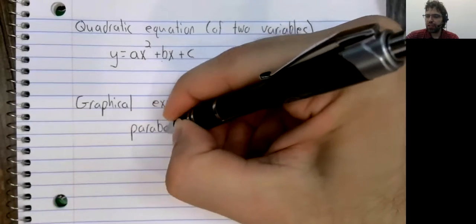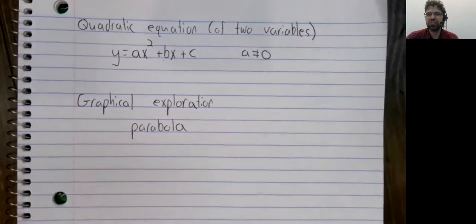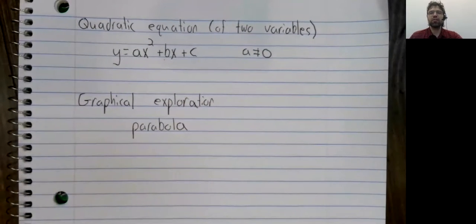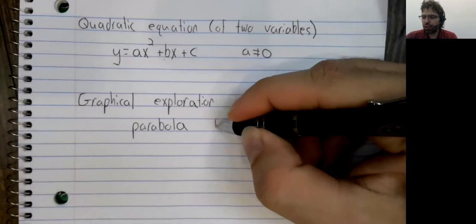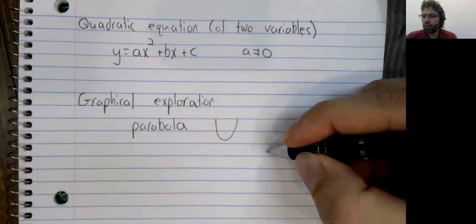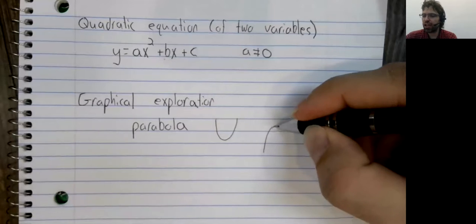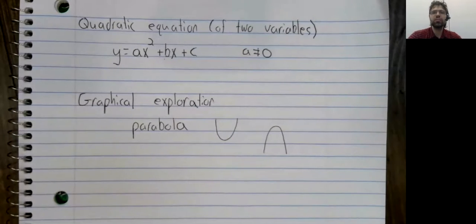And I already said the word by mistake. The graphs of quadratics are parabolas. But what is a parabola? It's kind of a U shape, like that, or like that.